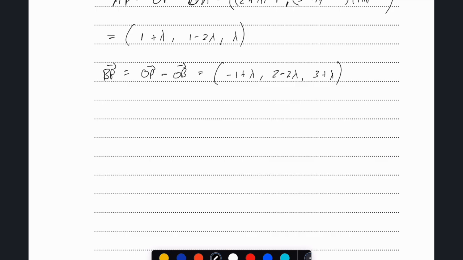So, what does that mean? Well, AP, in terms of magnitude, squared, is going to equal lambda plus 1 squared plus 1 minus 2 lambda squared plus lambda squared. Sorry, that should be outside the bracket.